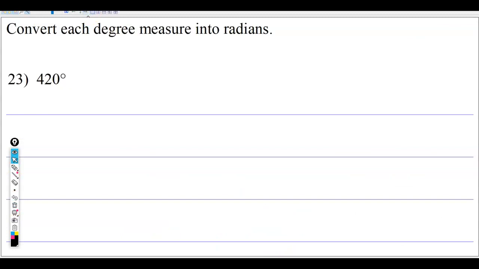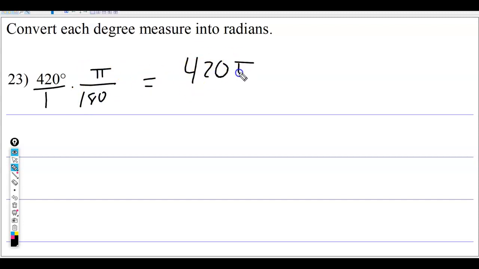Next question says convert each degree measure into radians. So to do that, you're going to take this degree measurement and you're going to multiply it by the ratio of degrees to radians. So for every 180 degrees, that's 1 pi. You're going to need to reduce these things.